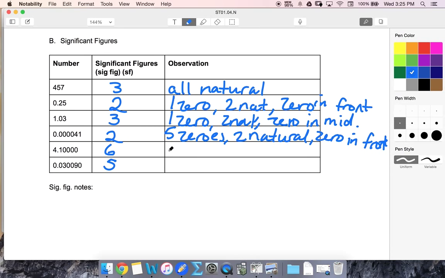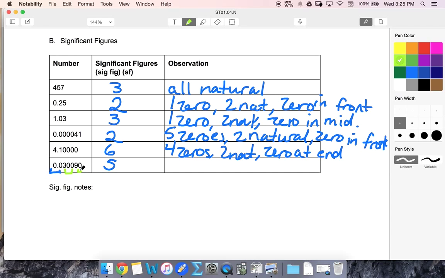In this next one, I had 4 zeros, 2 naturals. My zeros were at the back or at the end. All right, so now I've got 2 zeros in the front, 2 zeros in the middle, 1 0 at the end.